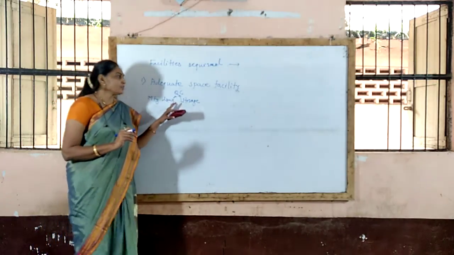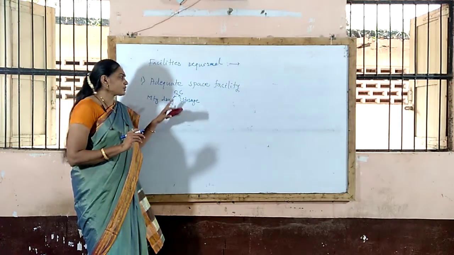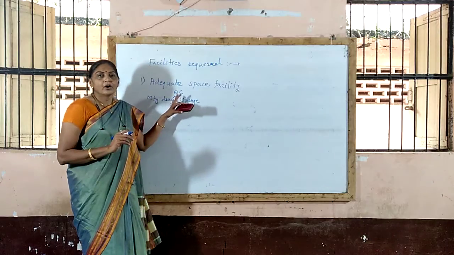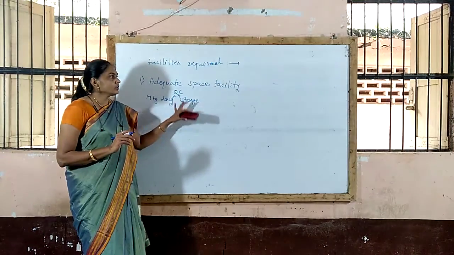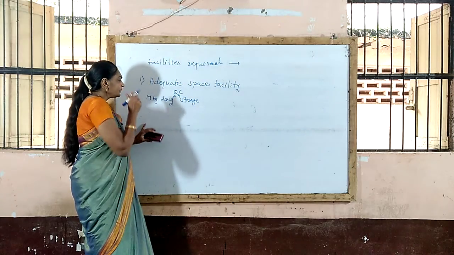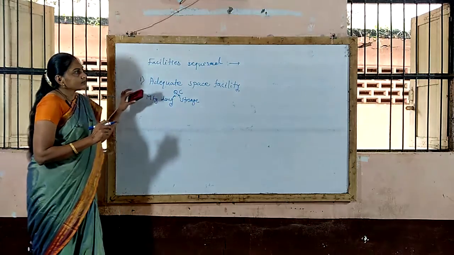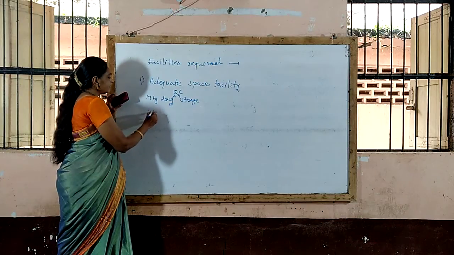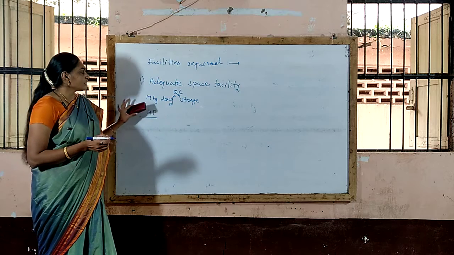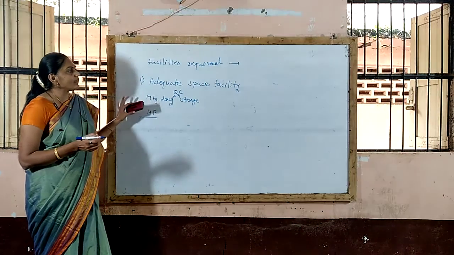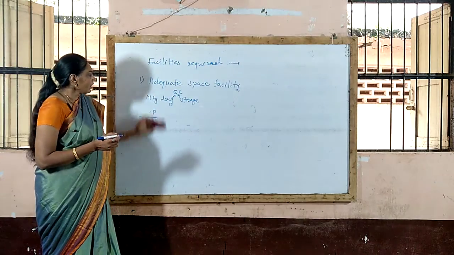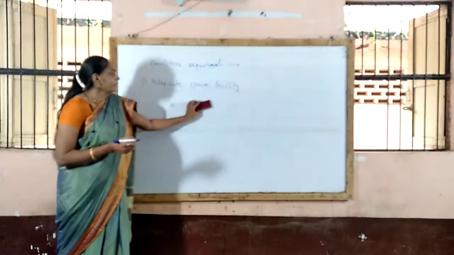For that, sufficient space must be available. After the quality control test has been done, for storage also the space facility should be available. For the hospital pharmacy, sufficient space must be available for storage as well as for manufacturing of the drug.